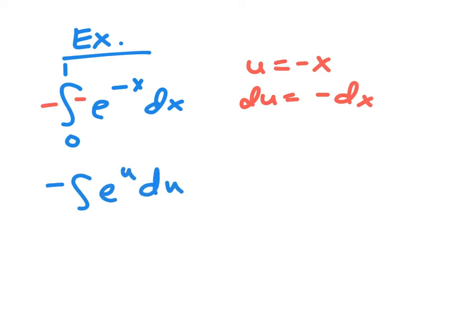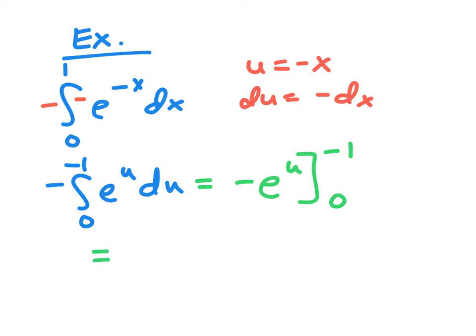I'm going to go ahead and convert my limits. So if I take this 1 right here and plug that in for x, then my upper bound becomes negative 1. And if I take 0 as the lower bound and plug it in for x, then u would still equal 0. And so then the integral of e to the u is just e to the u, evaluated between 0 and negative 1.